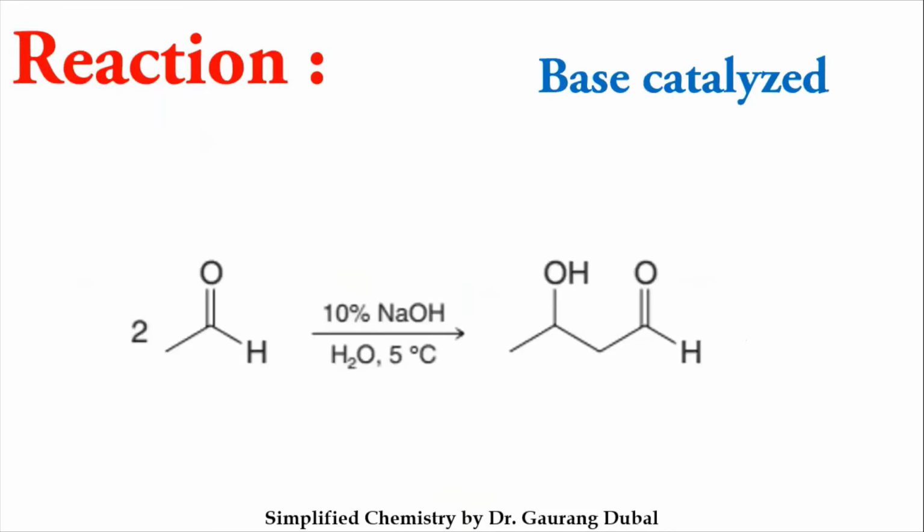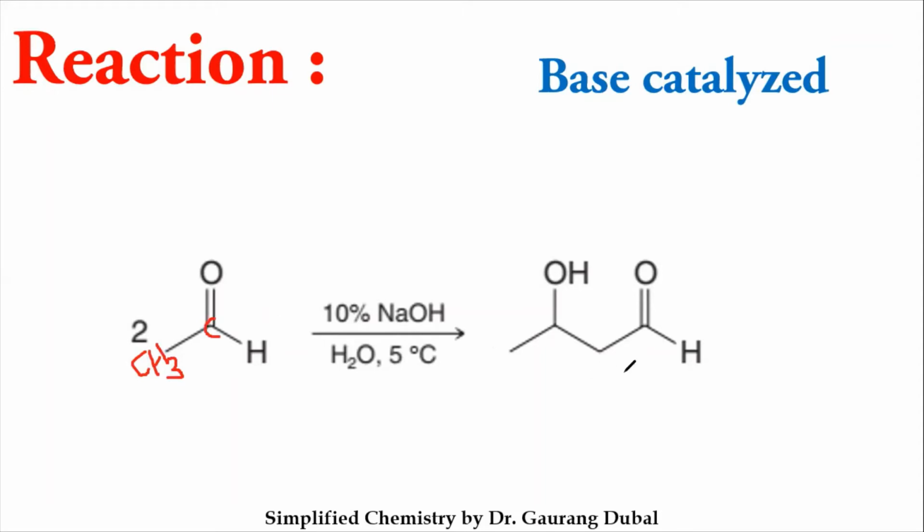Let's see the reaction. The reaction is base catalyzed. So we took weak, meaning diluted NaOH, up to 10%. And as you can see, the starting material taken is acetaldehyde, here CH3, here CHO, right?